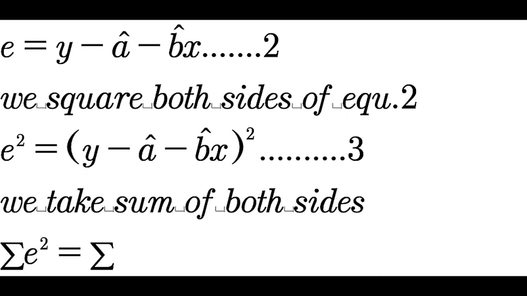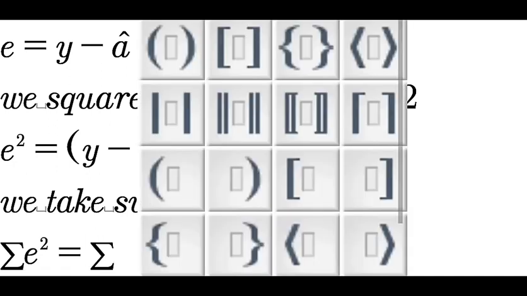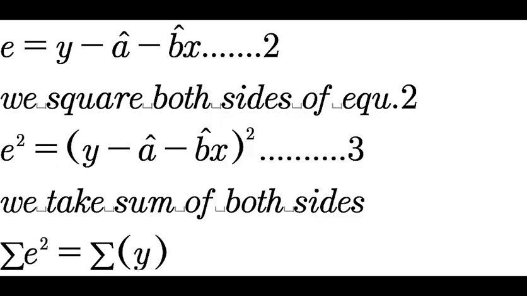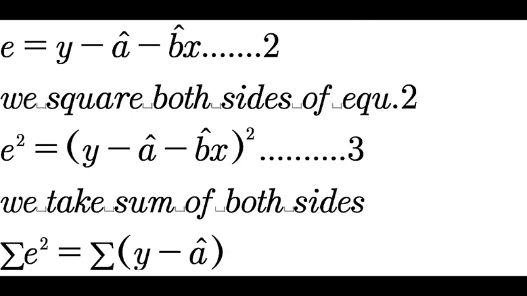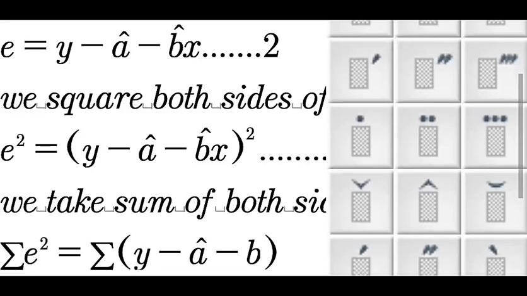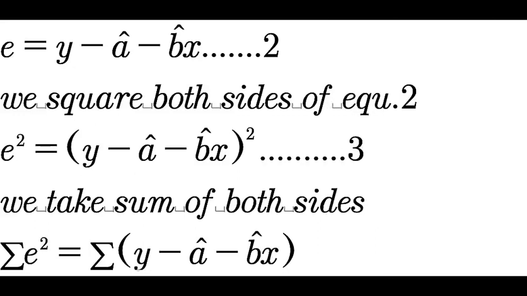So we have summation (y minus a hat minus b hat x) raised to the power 2.